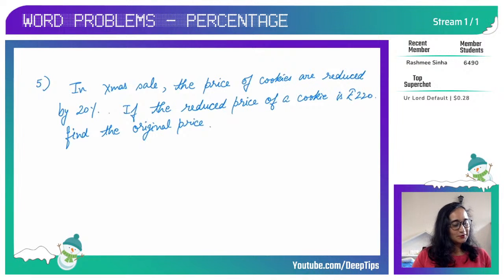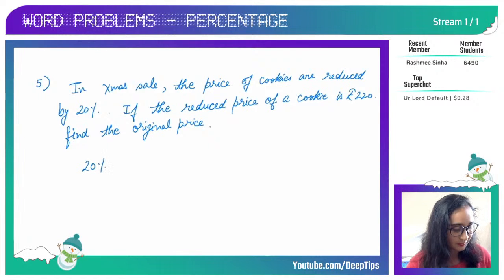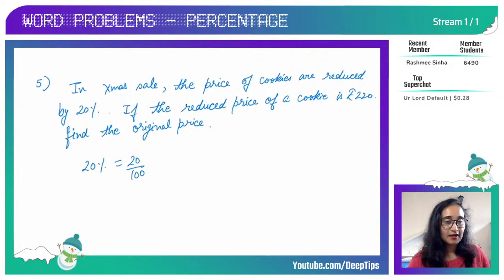So this is a Christmas sale question based on our theme, and the price of cookies is reduced by 20%. I'm sure all of you love to eat cookies and buy lots of sweets and cookies during this season. So here cookies are on 20% sale. What is the meaning of 20%? 20% is 20 by 100. That means if a cookie box is 100 rupees, you are getting a discount of rupees 20, correct?